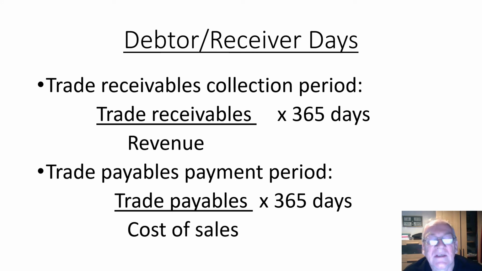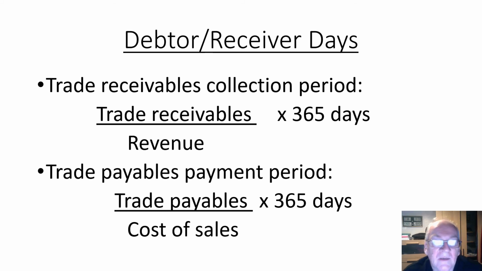But you won't ever see a figure for credit sales in a set of accounts, so we have to use revenue. And you'd have to have several years of accounts to make sense of average receivables. But it tells us how long in days it's taking to collect money in from our customers. If it's going up, we've got bad credit control issues. If it's going down, we've either got better at credit control or we're doing lots of online sales.